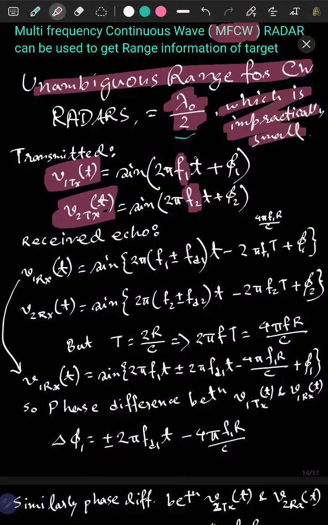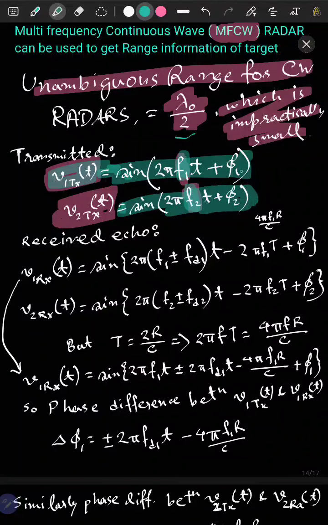In that case, we have two frequencies, F1 and F2, and we can express two transmitted signals. One being V1 tx of t equals sine 2 pi f1 t plus phi 1, and the other being V2 tx of t equals sine 2 pi f2 t plus phi 2, phi 1 and phi 2 being the constant phases of the respective signals.